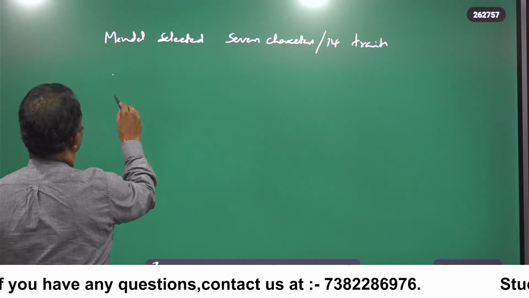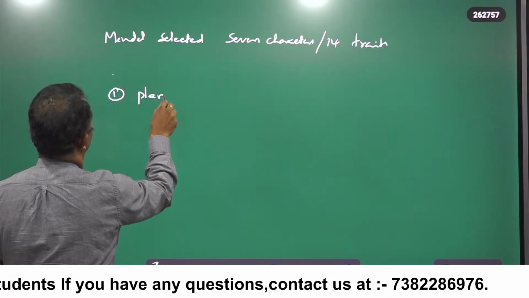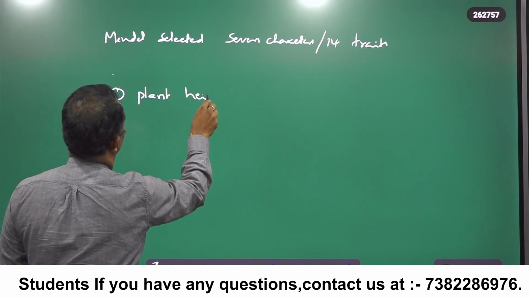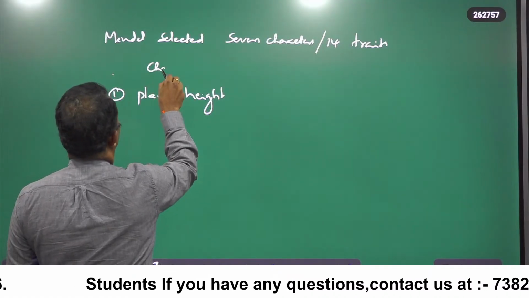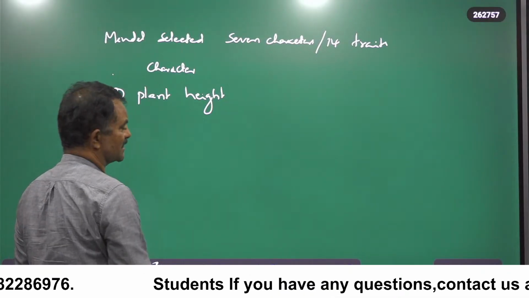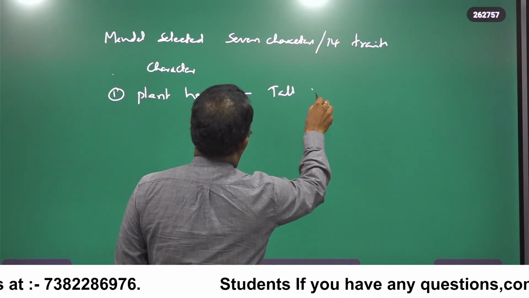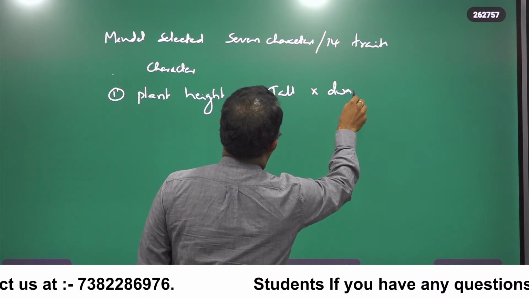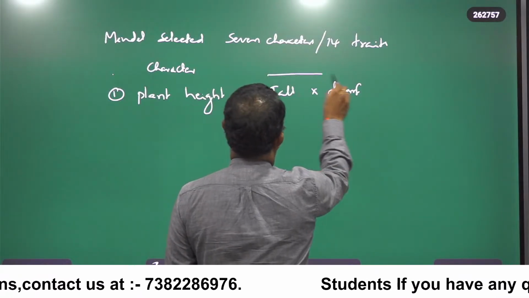First one is plant height, or stem height. Tall, dwarf. So these are the traits.